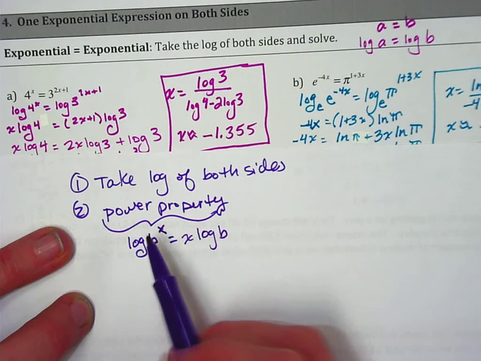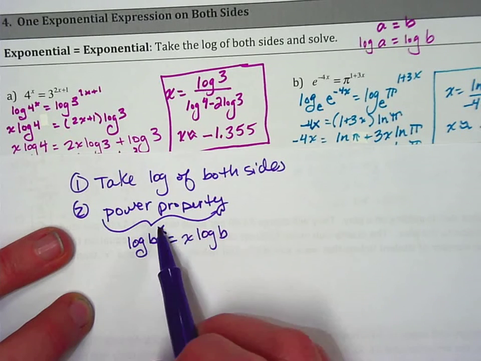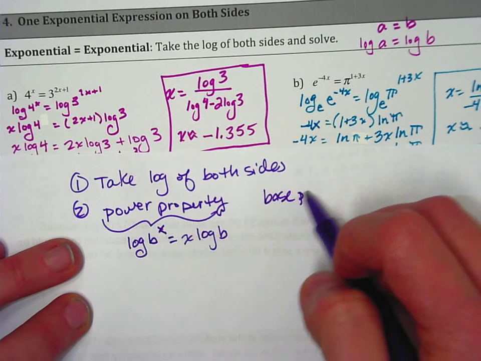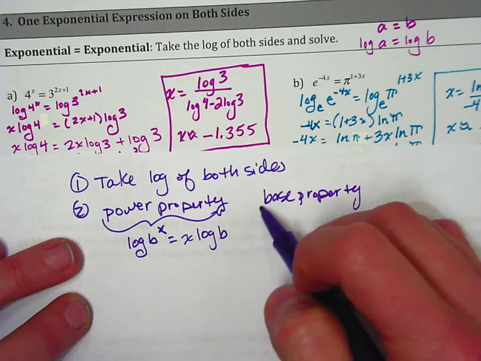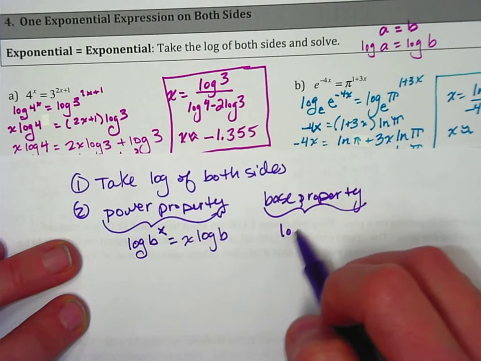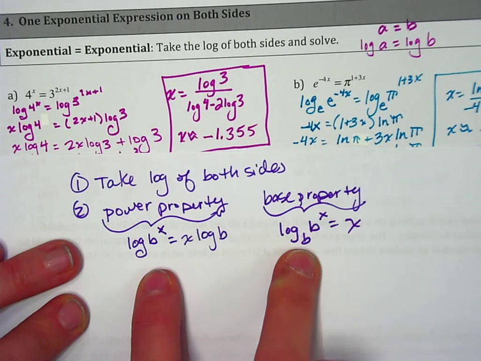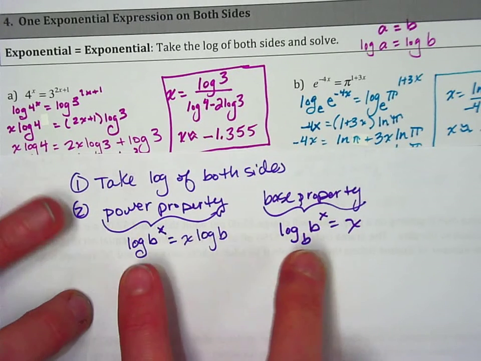So that's just the power property, just bringing the exponent to the front. Or you're going to be using the base property or a mix of the two. So this one is log base b of b to the x equals x. So the second step for all of them is you're going to be doing this.